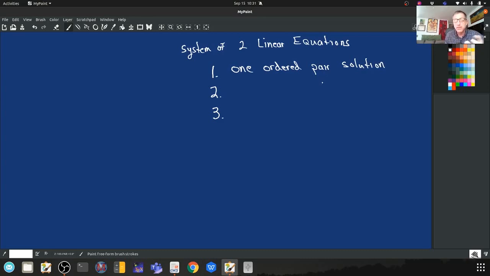I'm talking about a system, so I'm not talking about a single value x that solves it, or a single value y that solves it, but a pair of those values in order, x comma y. Or it will have no solutions whatsoever. And the final is it will have an infinite number of solutions.